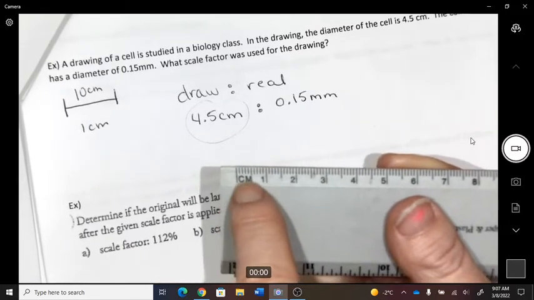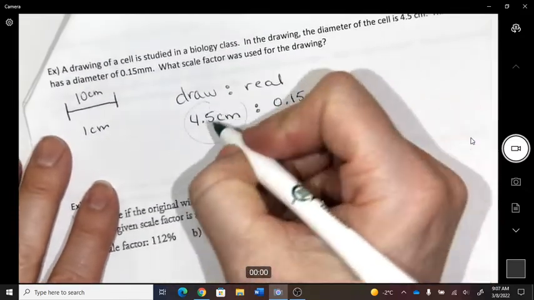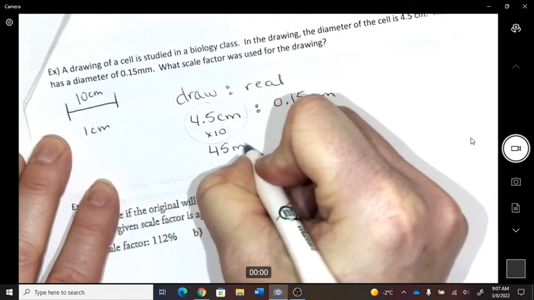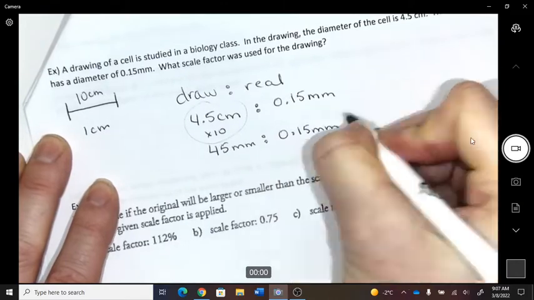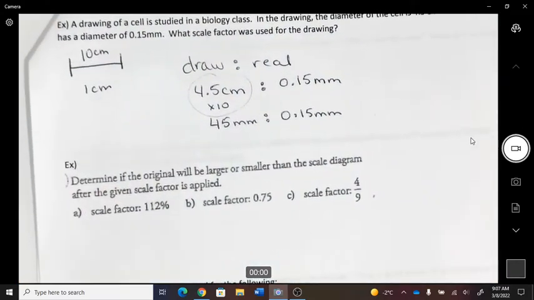There's 10 millimeters in that. That's what that one is, okay? So I'm going to times this by 10. Okay, so this looks better now. I have millimeters to millimeters.